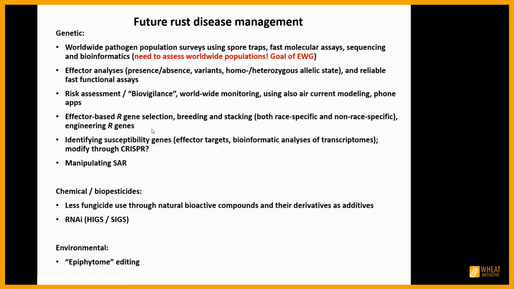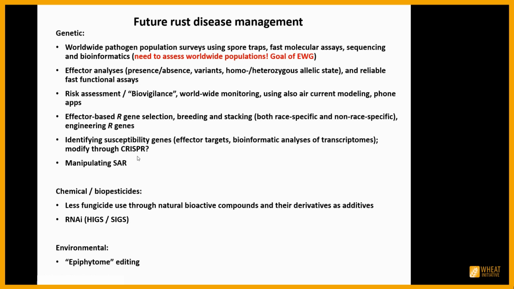So, effector gene based R gene selection and cloning, so we can use them in breeding programs by stacking, combining both race-specific and race-non-specific genes, or even engineering our genes. We could potentially identify susceptibility genes. There are already several examples in the literature, and that was based on bioinformatic analysis of transcriptomes.